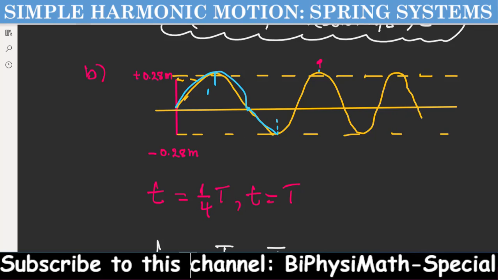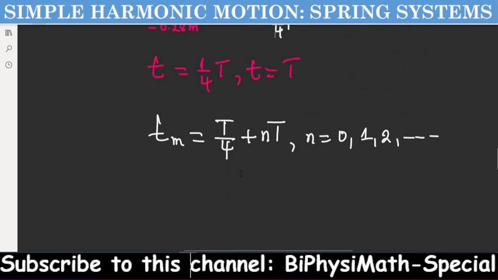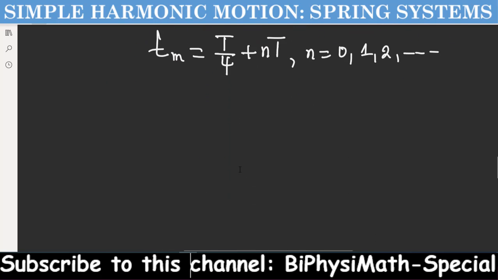Here I have the shortest at 3/4 of the period, I have the shortest displacement.